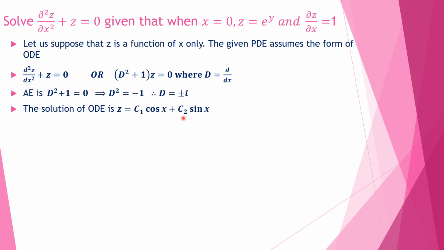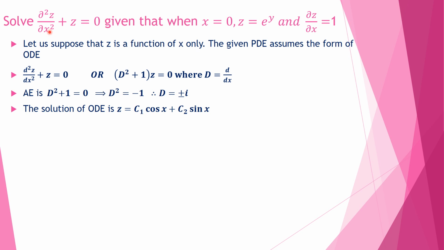Now we know that the given differential equation is actually a partial differential equation. We assumed it to be an ordinary differential equation. Since the actual equation is a partial differential equation, other than the independent variable x, the variable y we can treat as a constant.